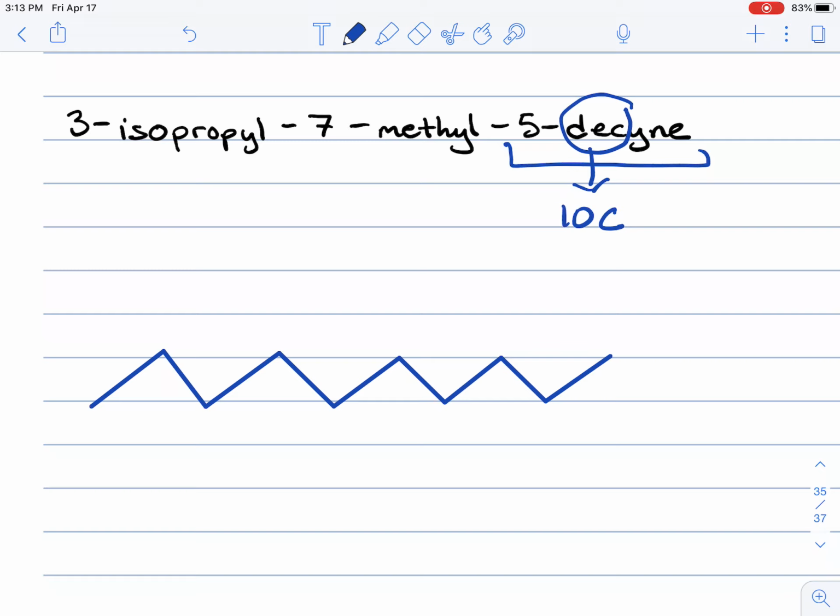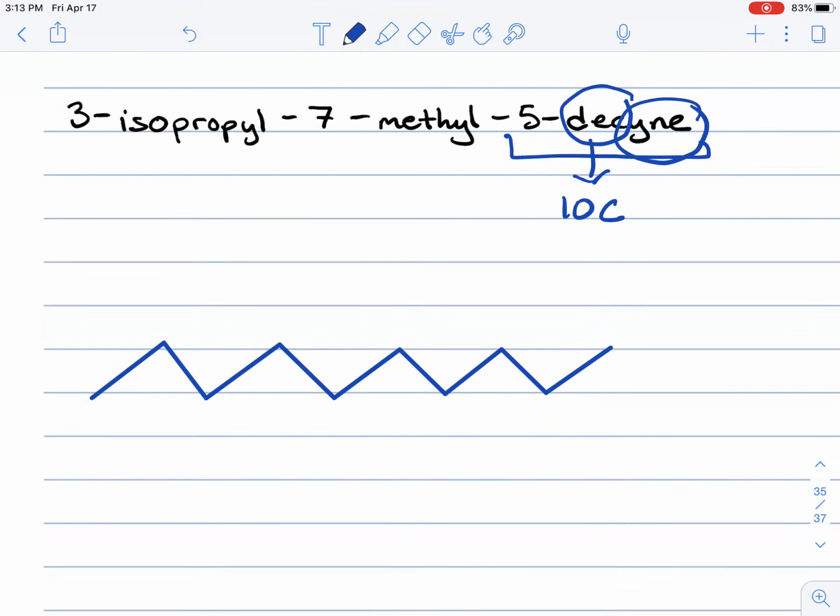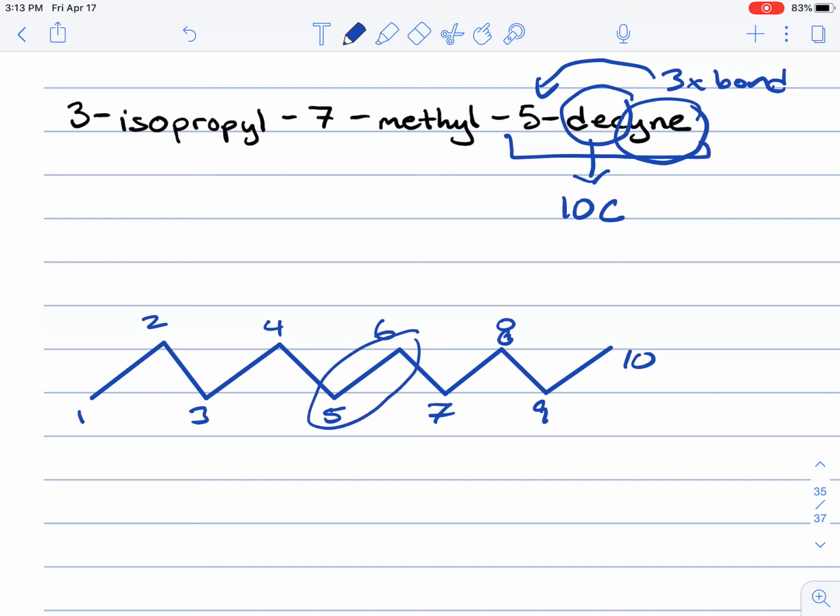So here we have 10 carbons, and we are going to describe the position of the triple bond, the yne, by looking at the number in front of dec. Okay, so it's on carbon 5. And so I'm going to label this as 1, 2, 3, 4, 5, 6, 7, 8, 9, and 10. So on the 5th carbon, which is right here, I'm going to have a triple bond. Okay.